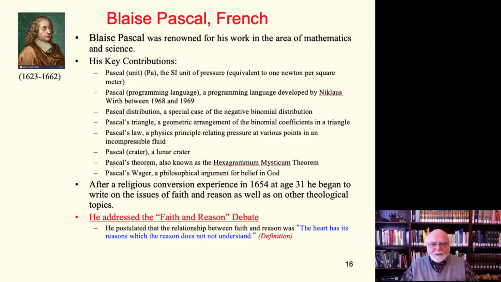But he did address this issue of faith and reason. Now you recall that up to the time of the Renaissance, as we mentioned in our discussion of Augustine and of Aquinas, there had been two approaches to thinking about the relationship of faith and reason. The dominant one was the double truth. The religious truth is true, and the scientific, that is, philosophy and mathematics, is true.